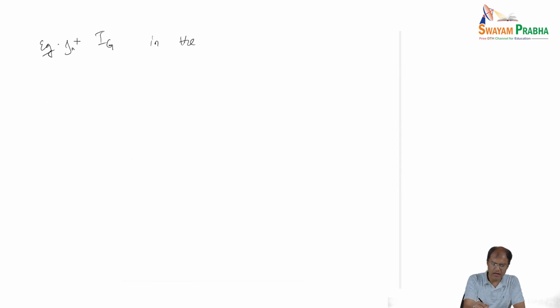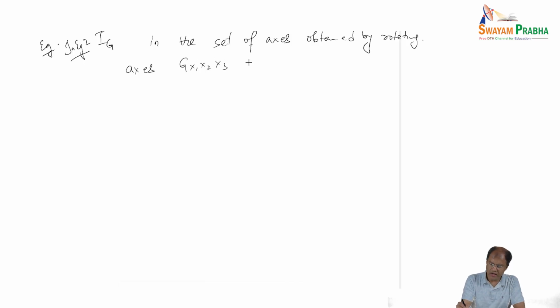In example 2, we have to find Ig in the set of axes obtained by rotating the axes Gx1 x2 x3 about Gx3, so that the new axis Gx1 prime lies along the diagonal.